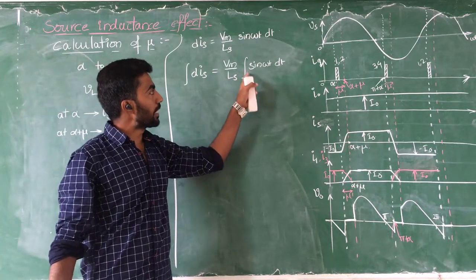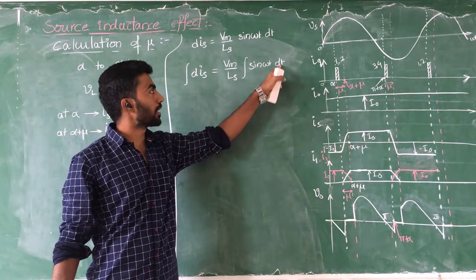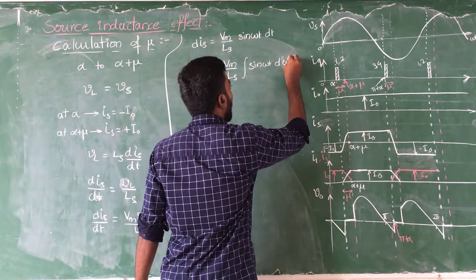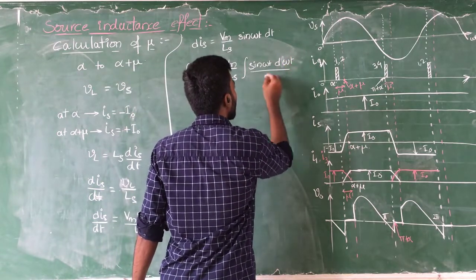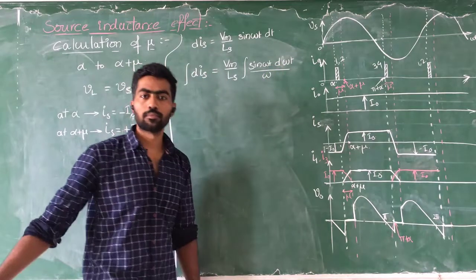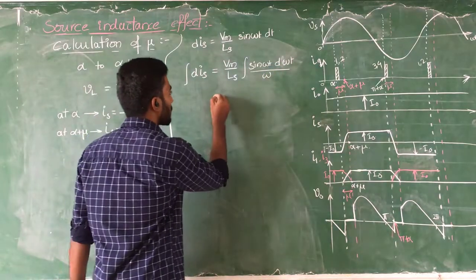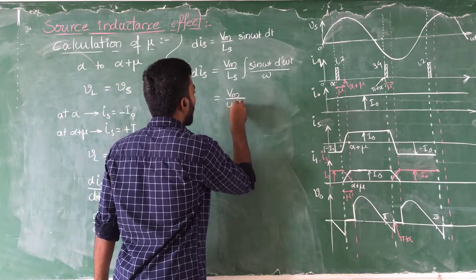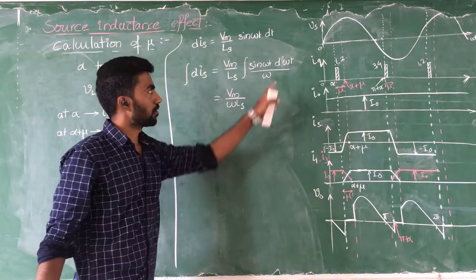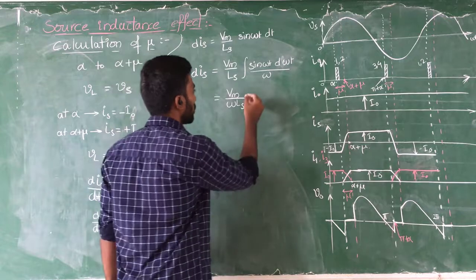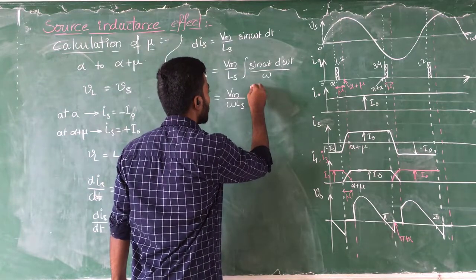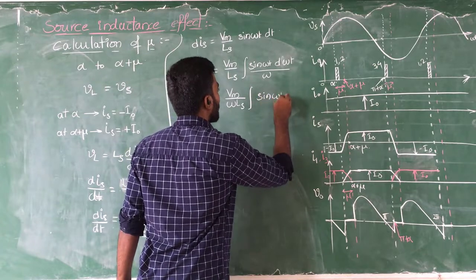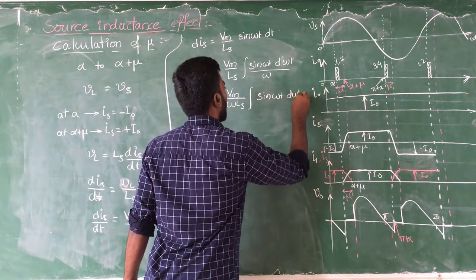Now I will integrate this with respect to omega t, so I multiply by omega and divide by omega. Now we get Vm by omega Ls, changing the integration with respect to t to d omega t, integral sin omega t d omega t.